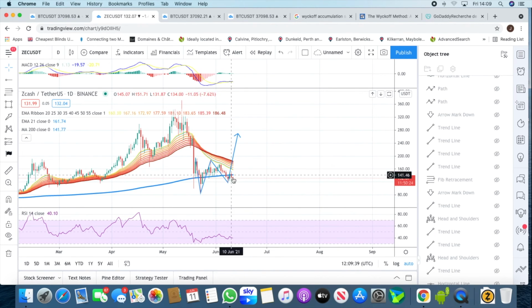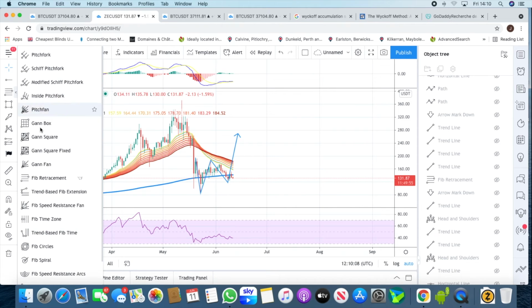So I think maybe we do at some point get another touch, and maybe on the weekly, this will help this double bottom to be produced with a second touch to the bottom, maybe here, closer to the $90 or $100 mark. That would maybe come through on the weekly chart. But on the daily, we are looking at a kind of double bottom here.